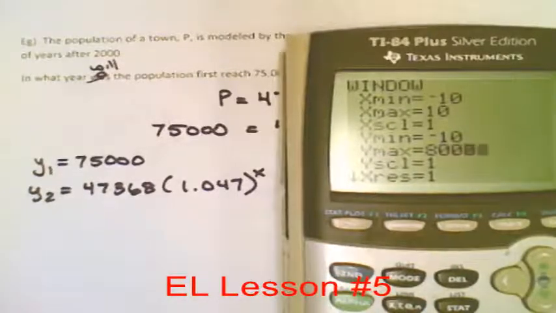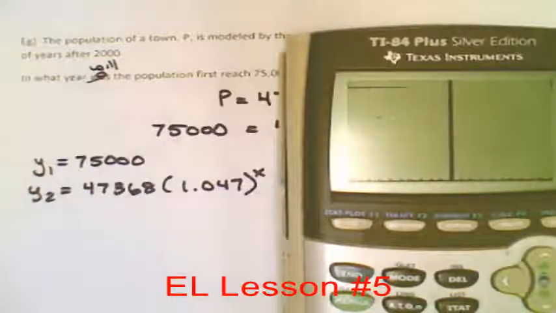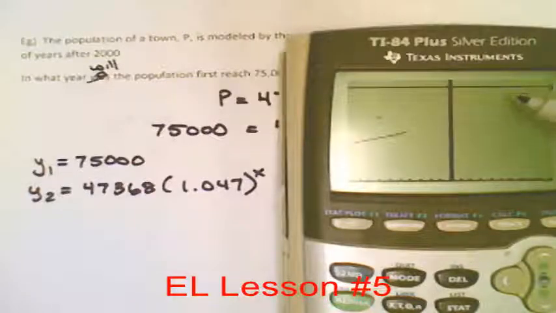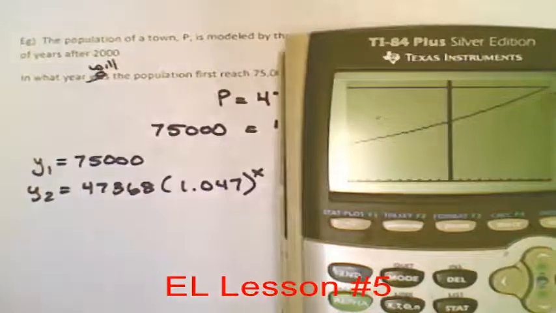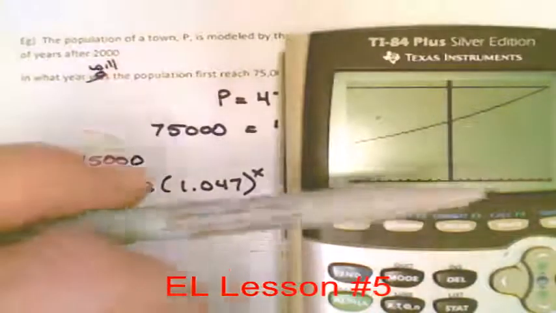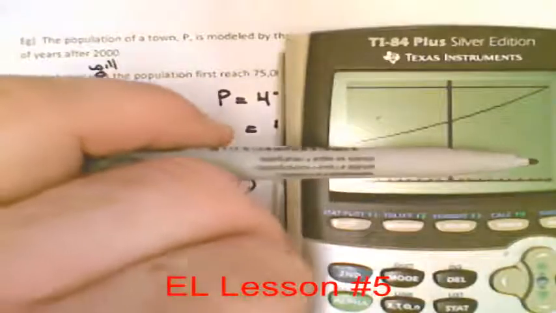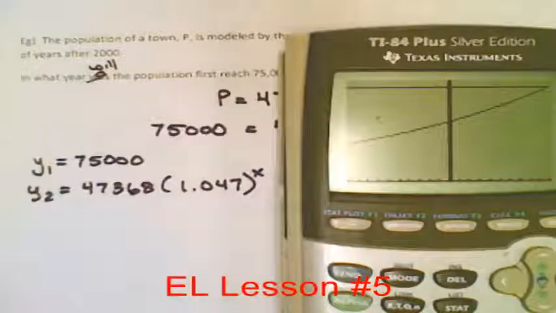Well, you have to keep in mind, first off, this one here is at a y value of 75,000. The last one we did was a y value of 13. It was up here. A y value of 75,000 is way off the screen. So I need to change my y max to 75,000 at least. So I'm going to change my y max to 80,000, because I need to get to at least 75,000 in order to see it.